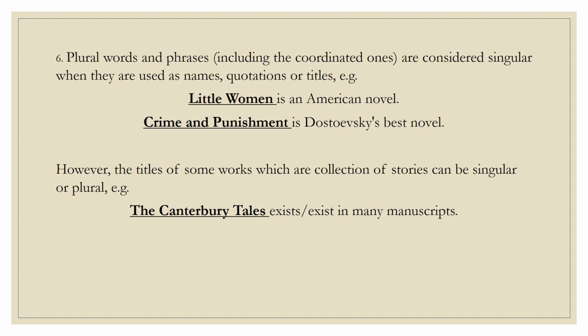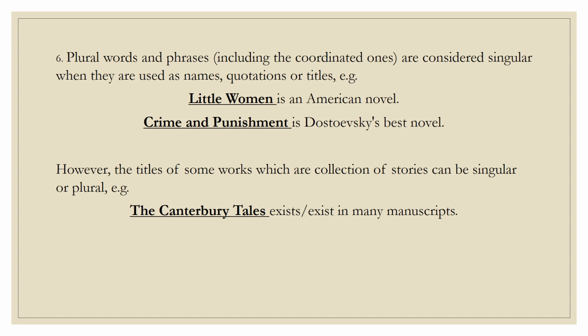But here you see that we said is. We didn't say are. Why? Because Little Women here is the title of one book, one novel. Since this plural noun phrase is used as a title for one singular book, we are going to deal with it as a singular subject and use a singular verb with it.